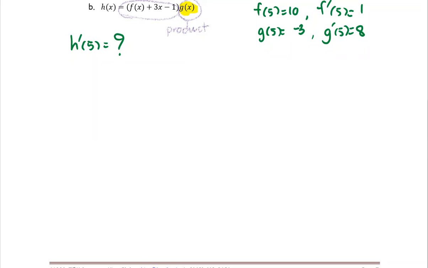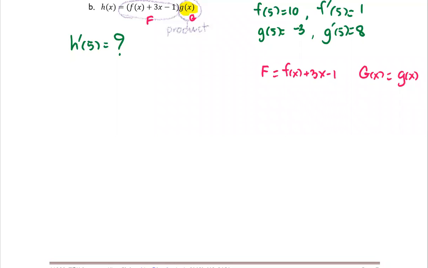So just to make our life easier, instead of using the lowercase f and lowercase g as we always do, I'm gonna use the uppercase F and uppercase G. Okay. So then my one quantity together as the uppercase F is the lowercase f plus 3x minus 1, and my capital G is the same as the function g.